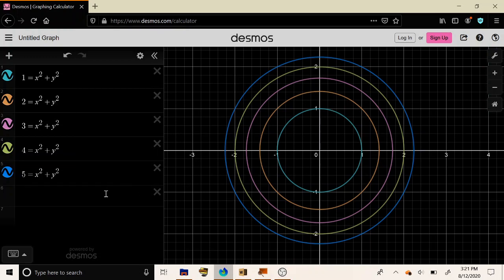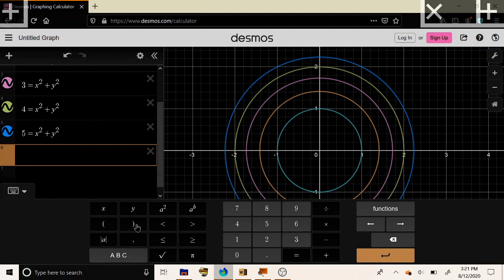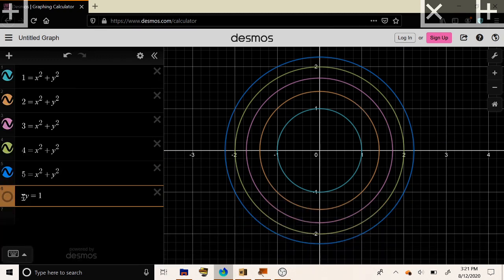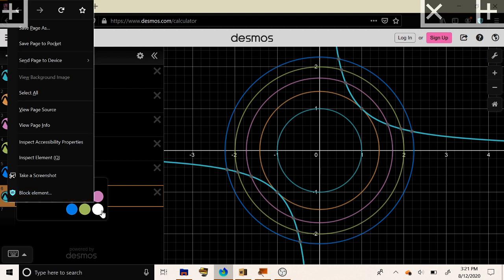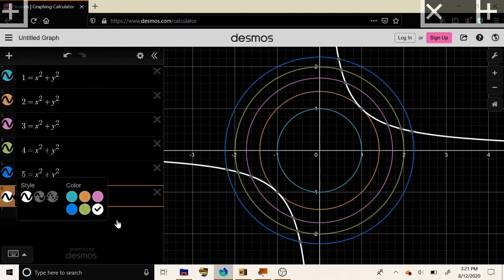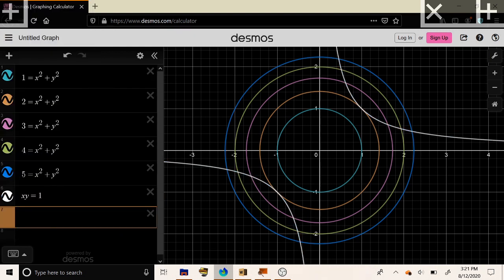Now suppose that I come in and I type in the constraint where I require that x times y must equal 1. Let me change the color of that just for a minute to make it really stand out. I am restricting myself to plugging in points x, y, which lie along this white curve here, the curve x times y equals 1.